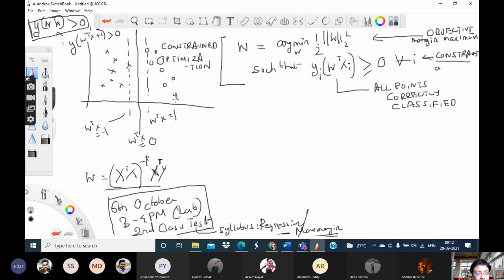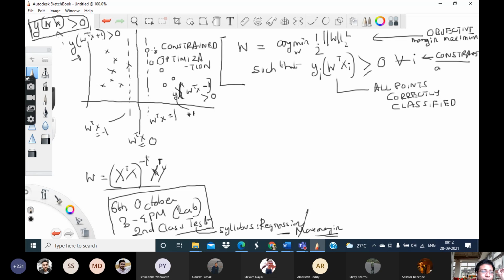In this case, Y times W transpose X minus 1 should be greater than or equal to 0. Correct? Now in one case Y is equal to minus 1, and in these cases Y is equal to plus 1. Why? Because that is how I have defined my Y's.